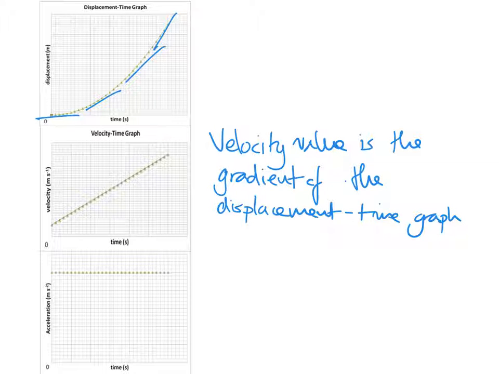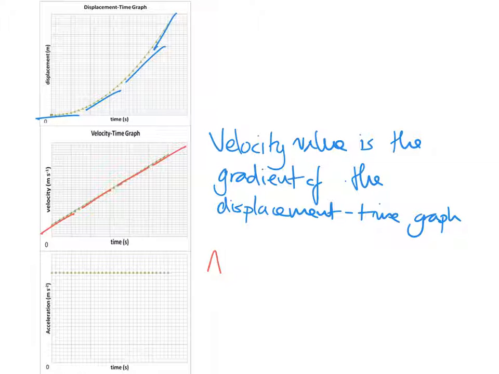And then we can do the exact same idea to think about the acceleration time graph compared to the velocity time graph. So the gradient of this velocity time graph is a fixed gradient. So the gradient at that point is the same as the gradient at that point, same as the gradient at that point, and so on. So the acceleration values are constant at all points.